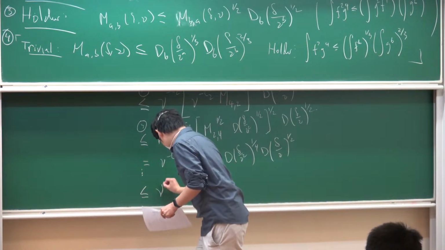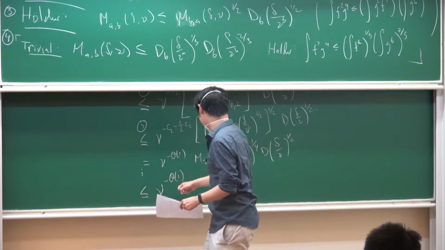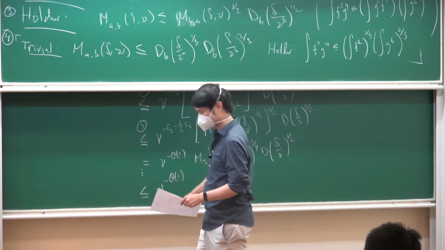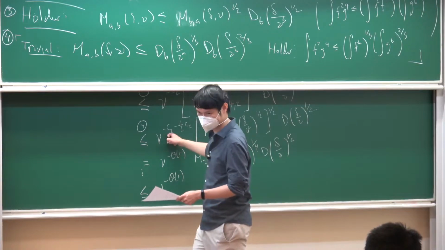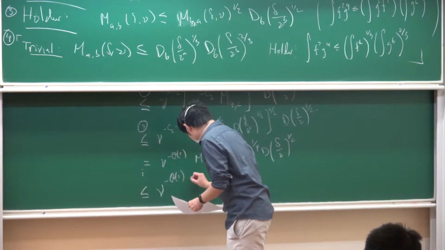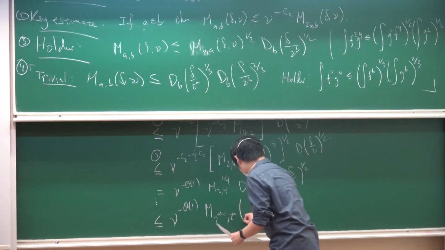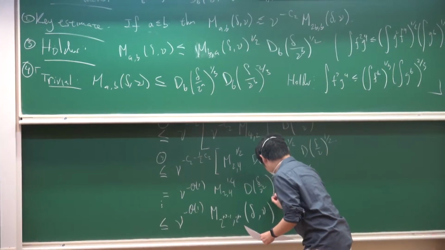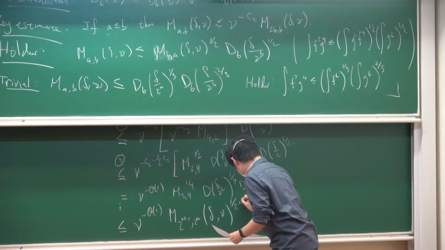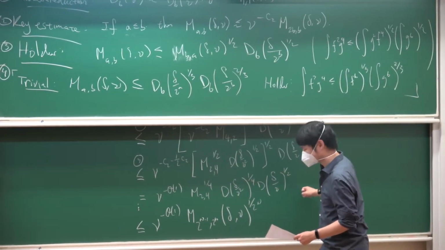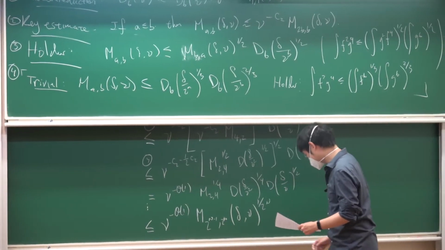Less than nu to the minus big O of 1, a different constant, like twice C2, times m 2 to the n minus 1, 2 to the n, delta over nu to the 1 over 2 to the n. Then you aggregate all these little terms when you iterate n times.